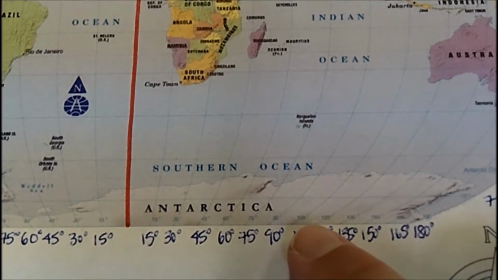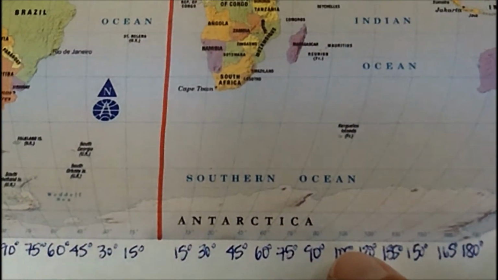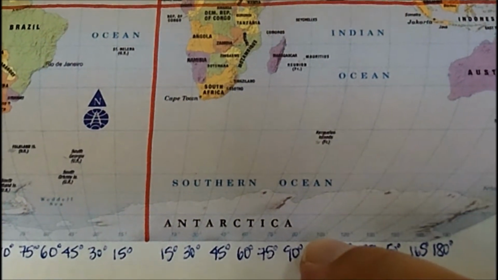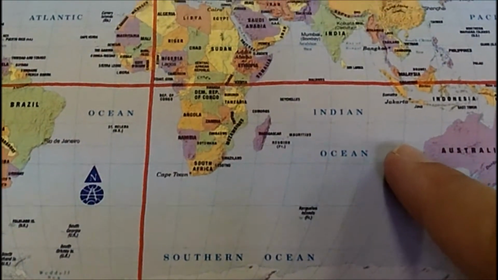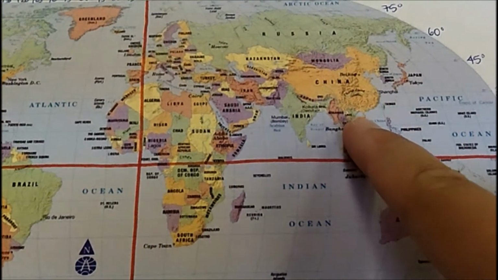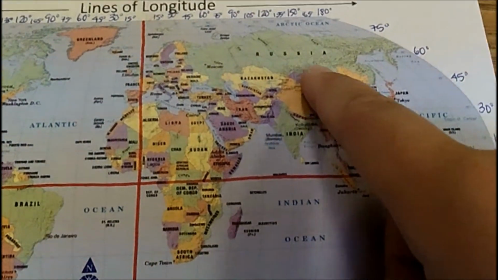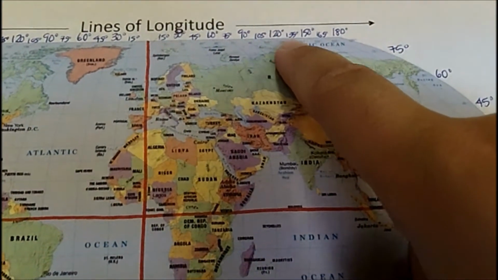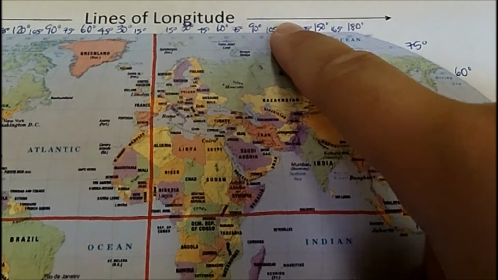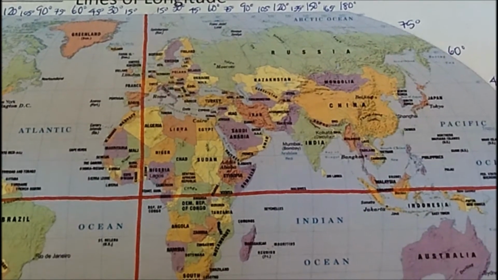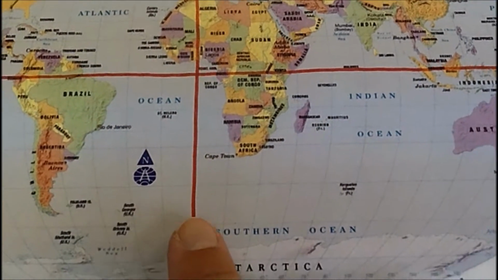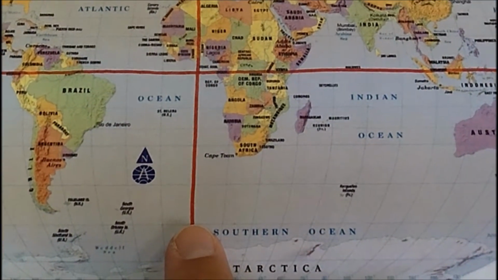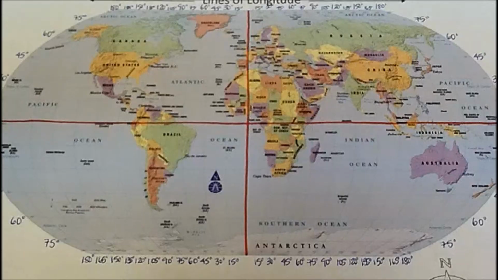If we look at the line of 105 degrees east, we can see that it runs parallel to the prime meridian. It's curved on this map to show that the Earth is not a flat object. It runs all the way up and meets up at the top with 105 degrees east. Remember, lines of longitude always run parallel to the prime meridian. They will never intersect or cross it.